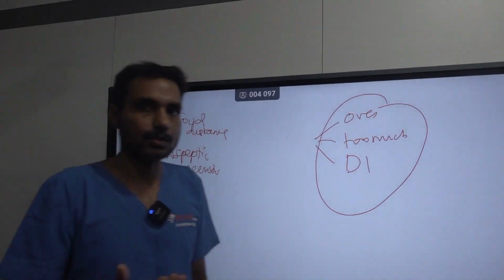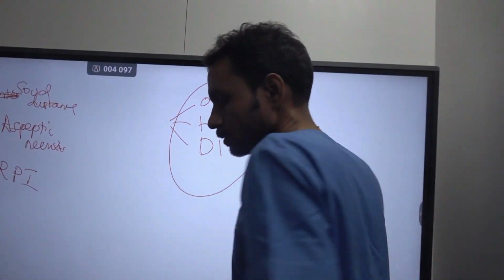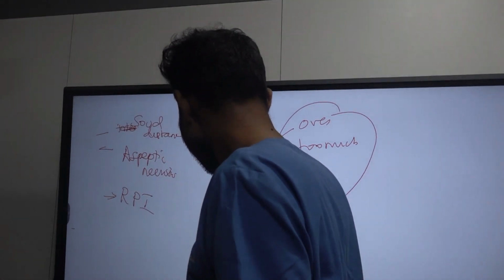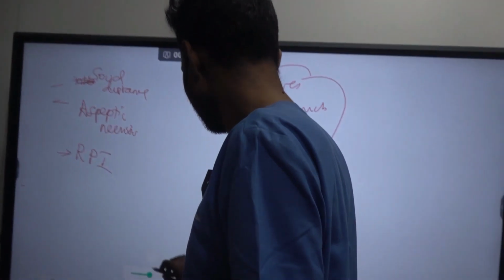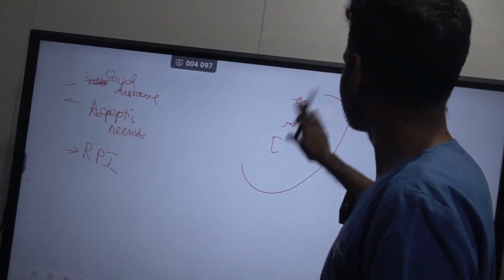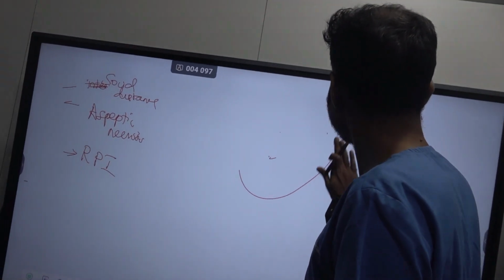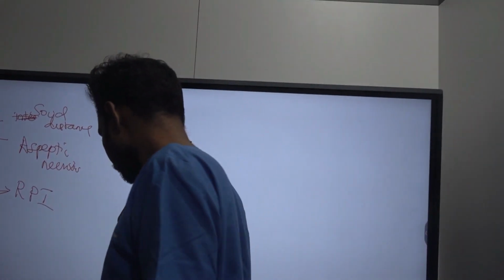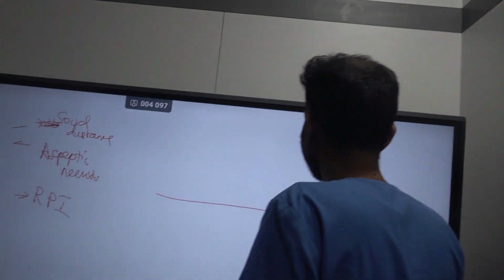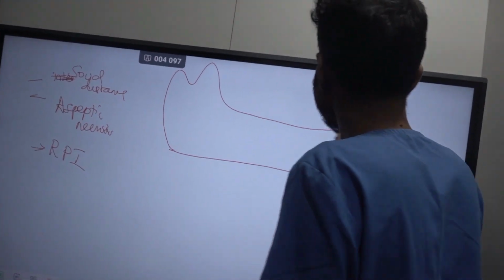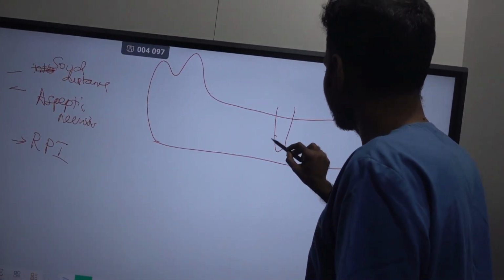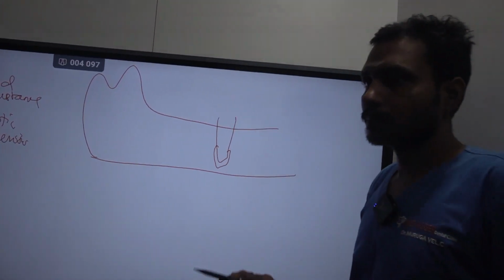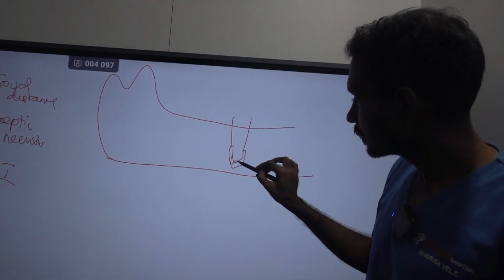In the same way, the implant also may get infection around the apex. This is the implant. You will get radiolucency here. Crestally there won't be any problem, but only here.